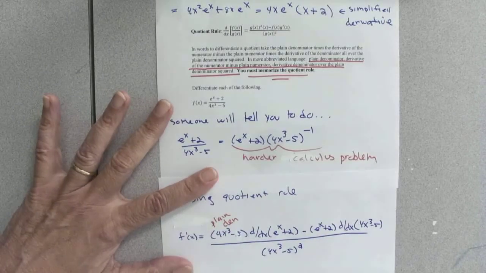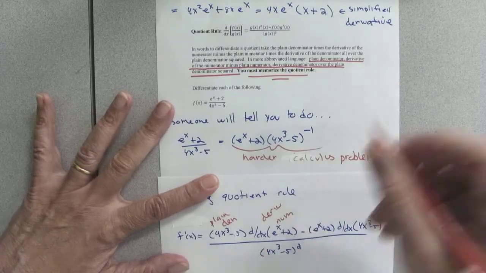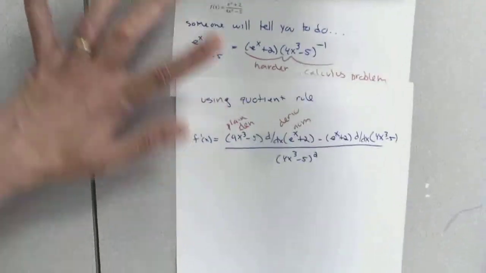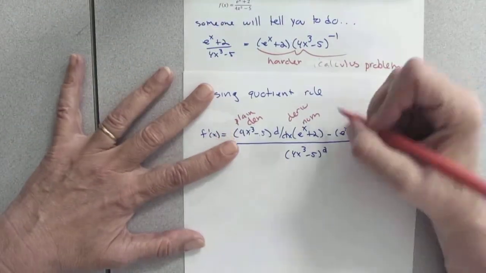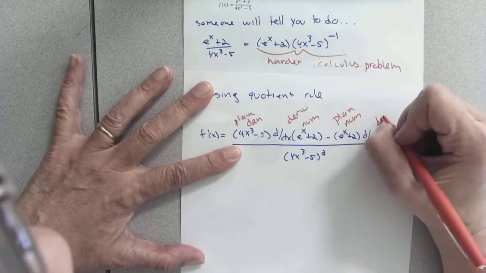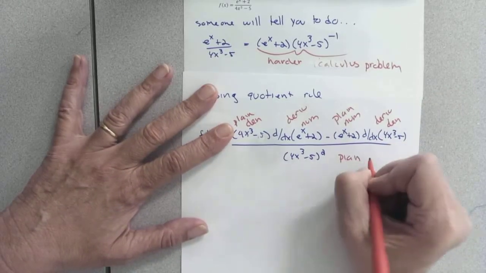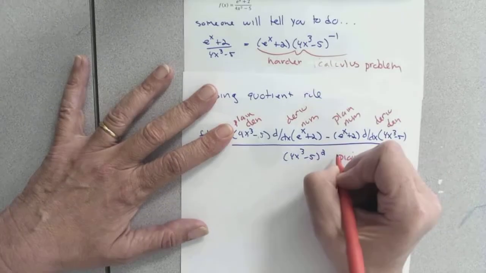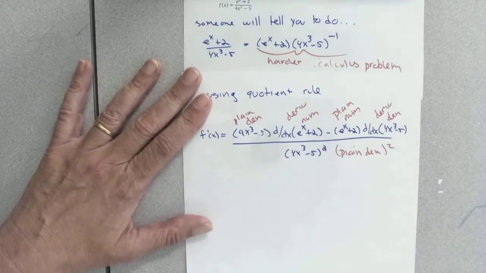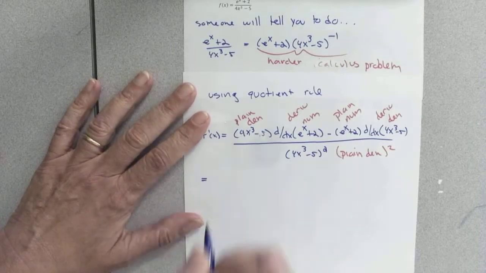Plain denominator, DEN, denominator, derivative numerator, NUM, numerator, plain numerator, derivative denominator, all over plain denominator squared. You don't have to show that step. Again, that's me trying to teach everybody what the quotient rule says to do. You don't have to show that step.